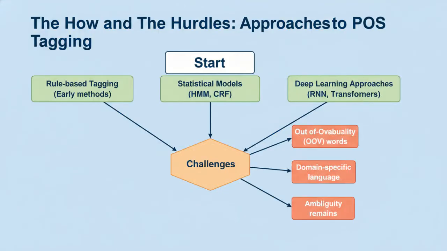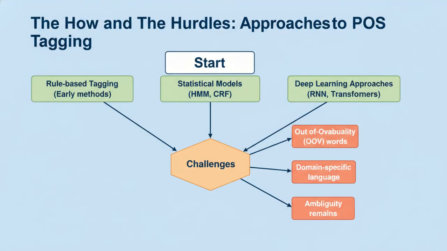The methods for POS tagging have evolved significantly. Early approaches were rule-based, using handcrafted linguistic rules. These were later superseded by statistical models like Hidden Markov Models, HMMs, and Conditional Random Fields, CRFs, which learned patterns from large labeled datasets.